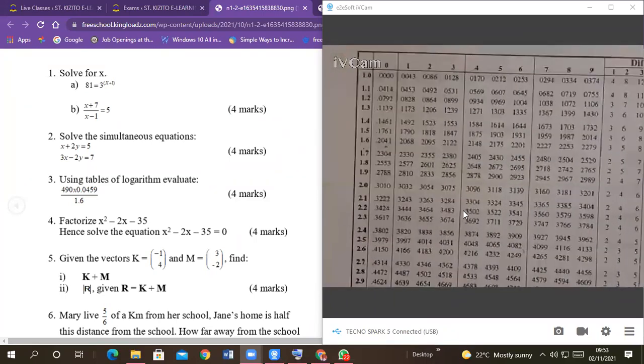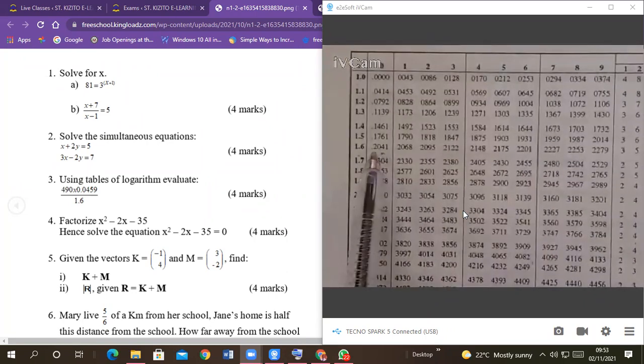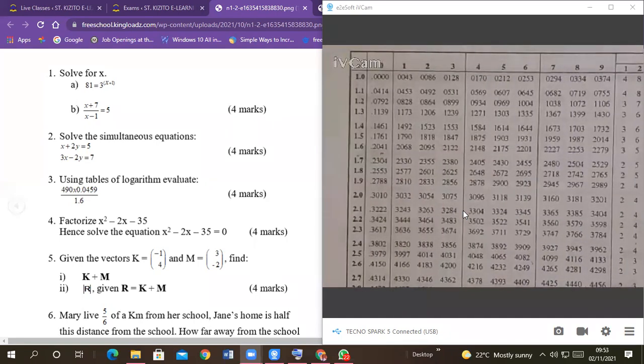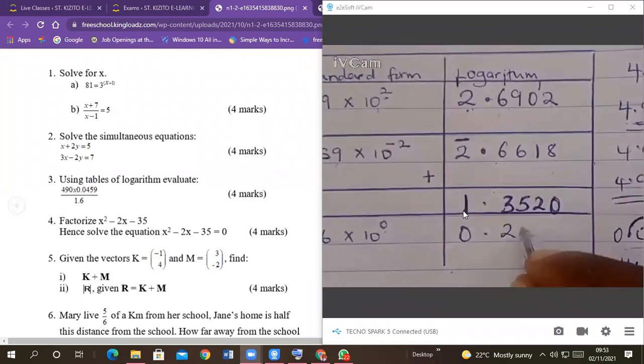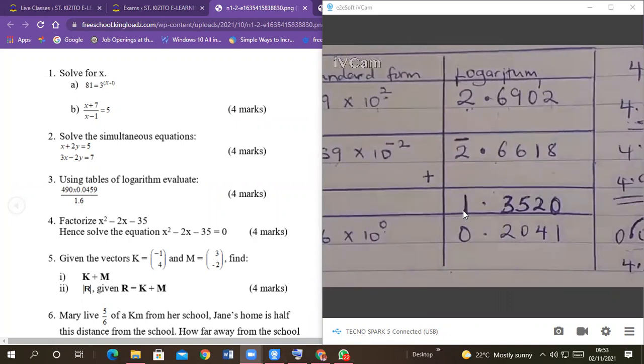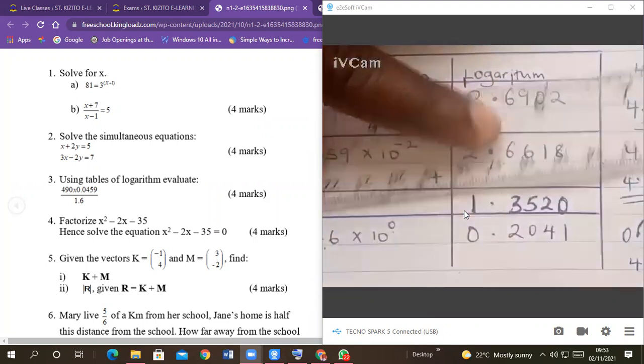Let me zoom in there and you see, you have 0.2041. Write it as 0.2041. That's what we have. Good.